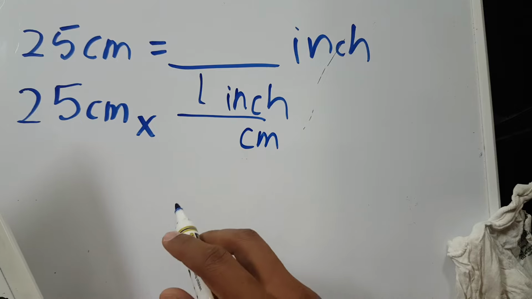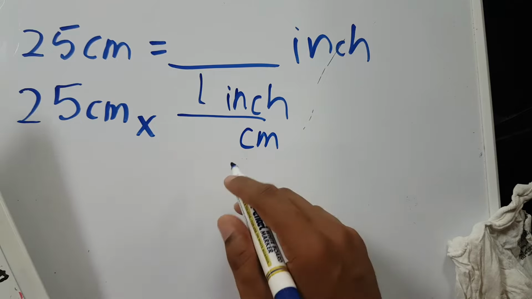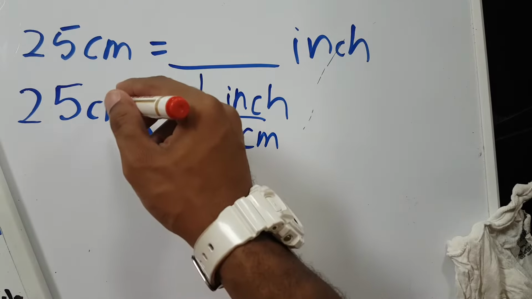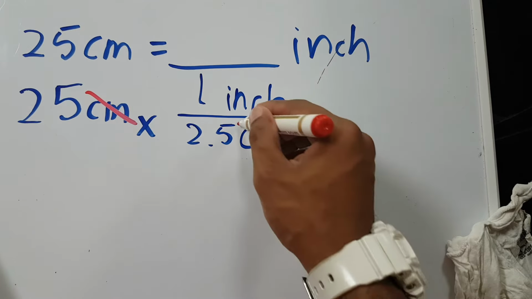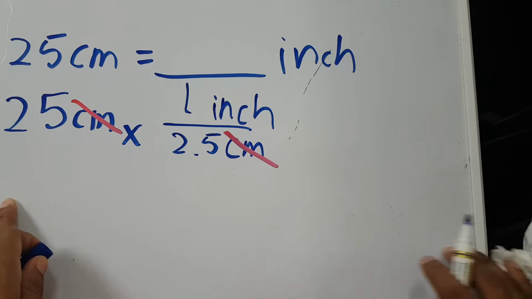Do you remember what it's called? It's actually called cross-canceling. So we're going to put our centimeters here, 2.5, and then we check to make sure that they cancel out. Centimeters on top, centimeters on the bottom. Awesome, they cancel out. So what's 25 multiplied by 1?